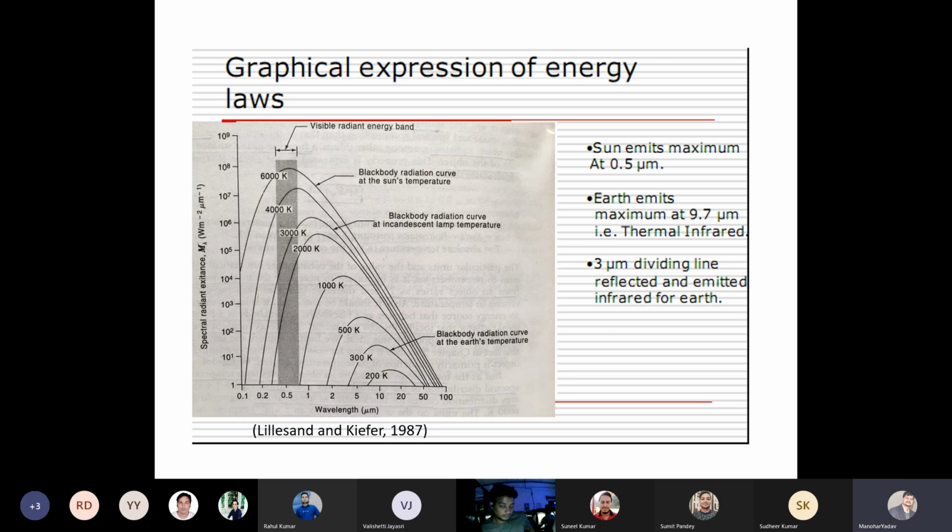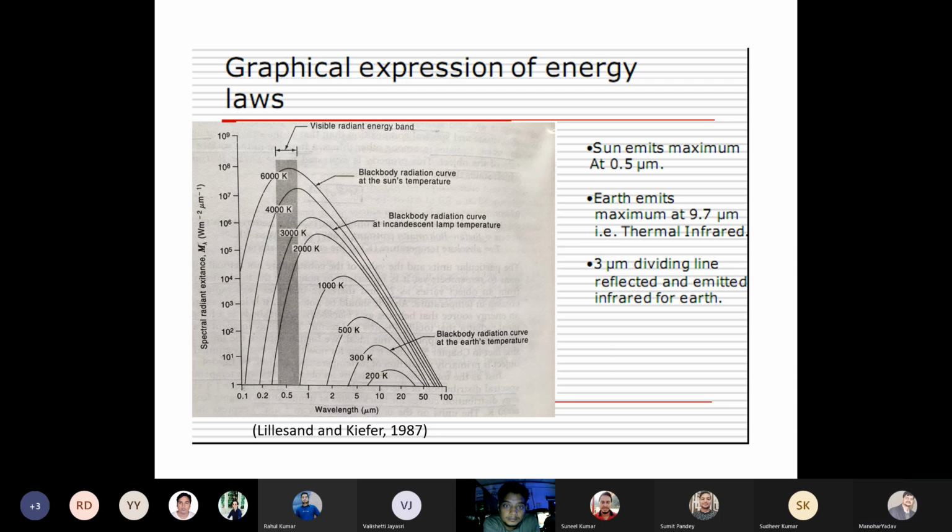There you can see that on the dependent axis we have the energy component, that is, the spectral energy radiance, spectral radiant excitance. It means at a unit wavelength, per meter square, how much power is radiated, or how much energy is radiated per unit wavelength.